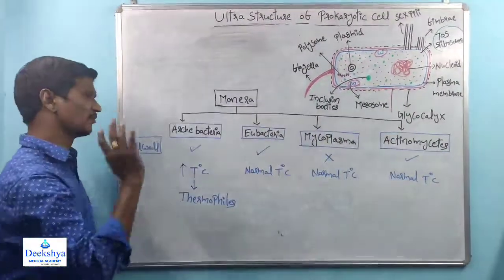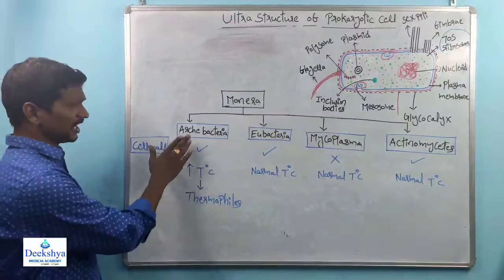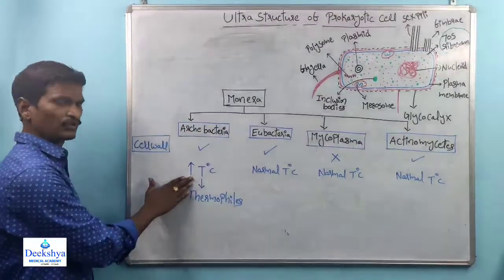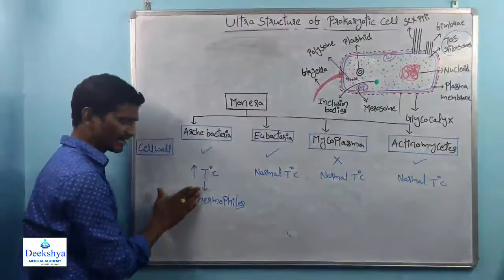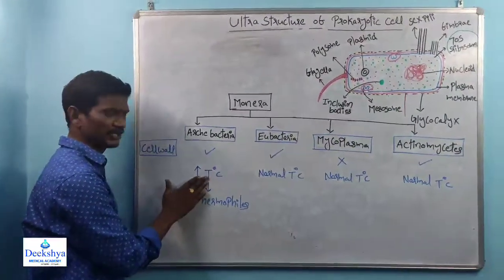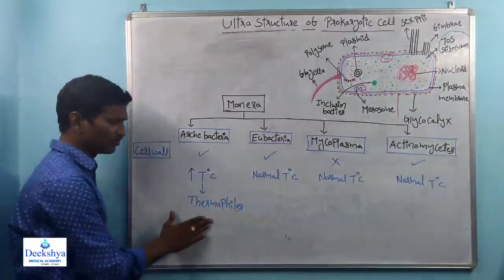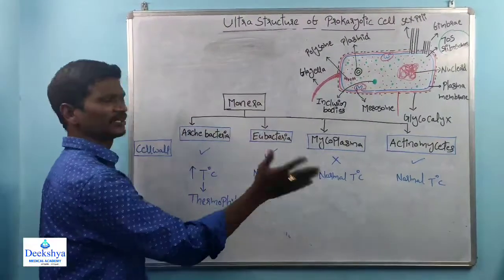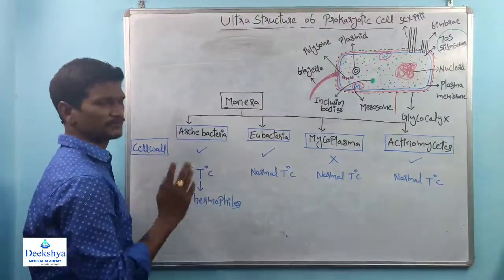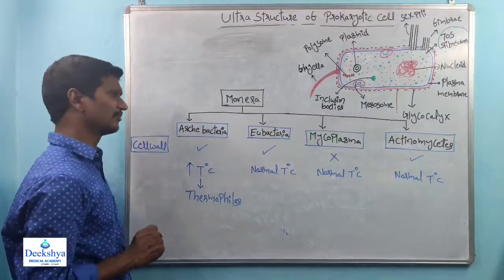Archaebacteria have the capacity to grow at high temperature. A group of them are also called thermophiles, and most of the remaining bacteria grow at normal temperature.